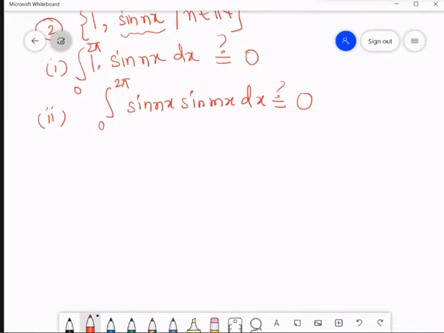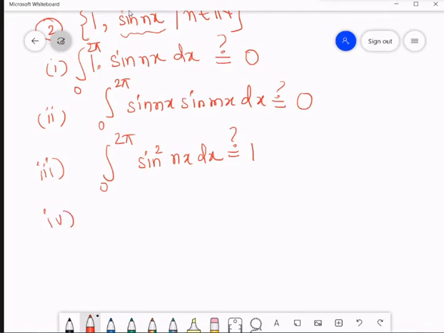Now if I talk about the norm, what will be the norm condition? I have to check, if I take two distinct elements here, this will be my third expression: if I take sine nx square, is this equal to 1? This is what we are going to check.